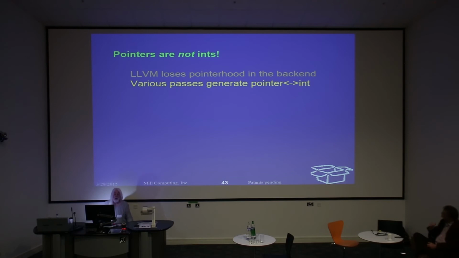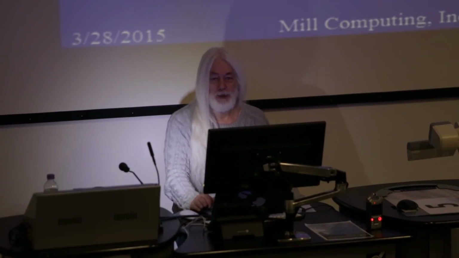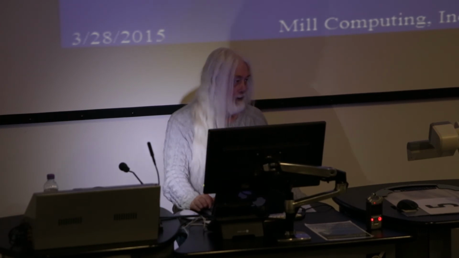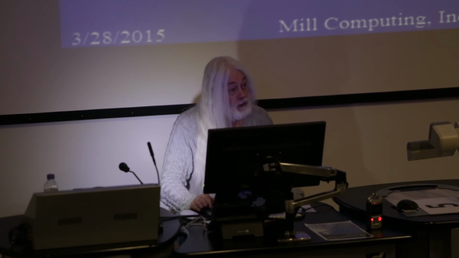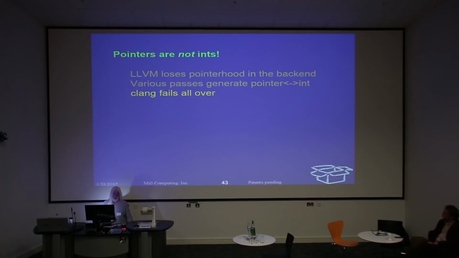The optimizers in a number of cases say, oh, well, we're going to optimize a constant propagation or a bunch of other things, and they simply turn the thing into being an int and use the existing int optimization, and unfortunately never redecorate the thing with pointerhood. It turns out, to our great surprise, that there are even such problems inside the front end. Again, I'll be happy to put you in touch with the guy who can show you where it is, but the result is that we can't use LLVM for garbage collected languages, and we can't use it for Unix because Unix requires fork.